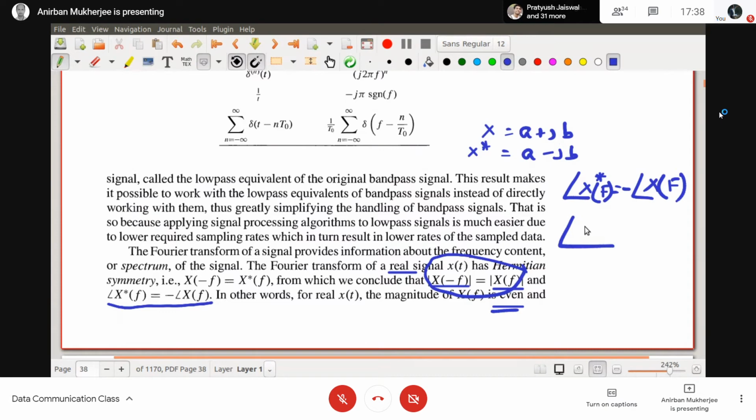So I can write X star(f) is X(-f). Please try to understand that for all this I am writing capital F instead of small f. I have an agenda: when it is hertz, kilohertz, I write capital F, and when it is digital frequency, I write small f.